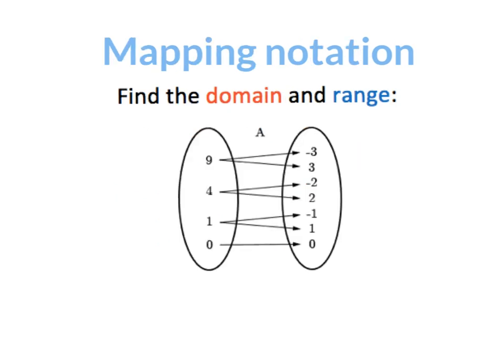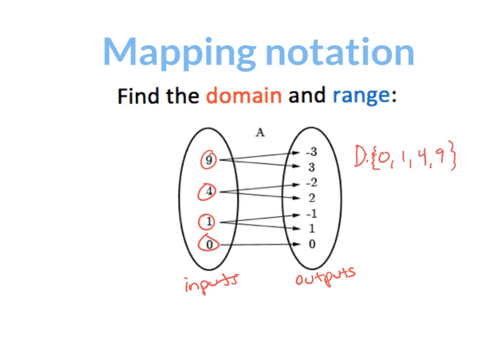So let's take a look at one in mapping notation. Remember, if it's listed in mapping notation, the bubble to the left represents your inputs, and the bubble to the right represents your outputs. If I were to list the domain here, the domain is just those values that are in the bubble. Listing them least to greatest, it looks like it'll be 0, 1, 4, and 9.